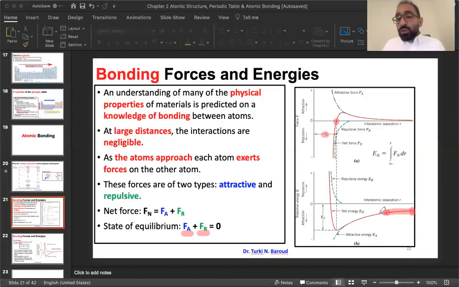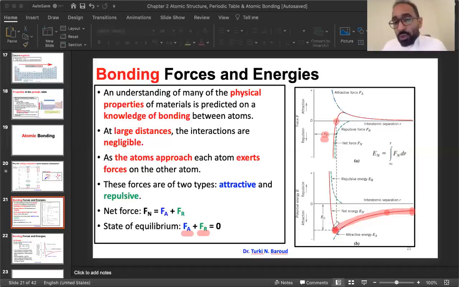You bring them closer until a certain point, and that point represents the minimum in that curve. Pay attention that this point corresponds to F net equals 0, and we call that spacing the equilibrium interatomic spacing.